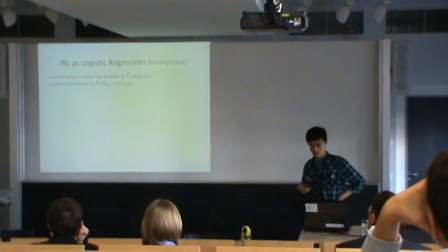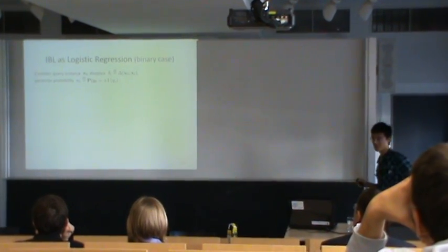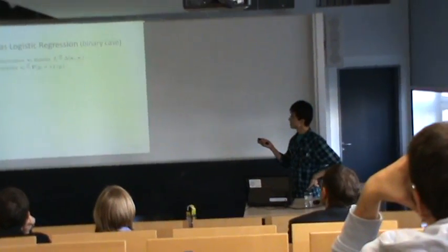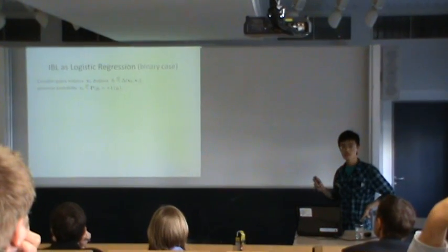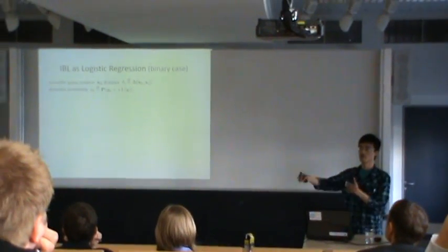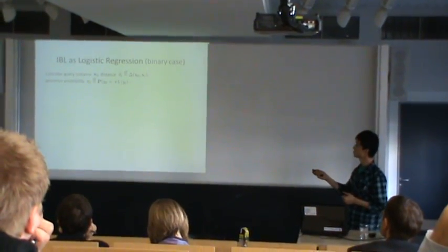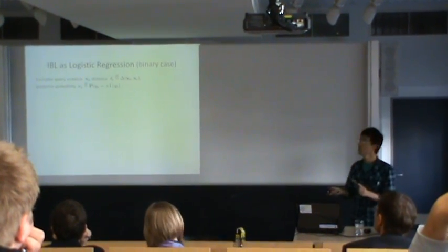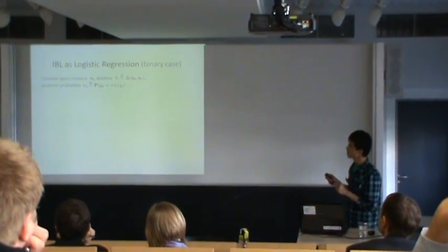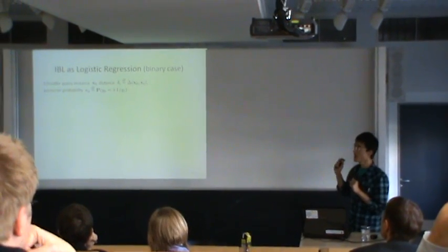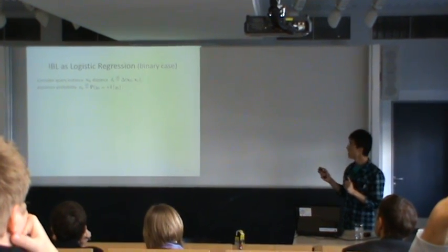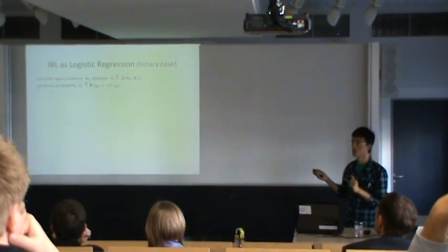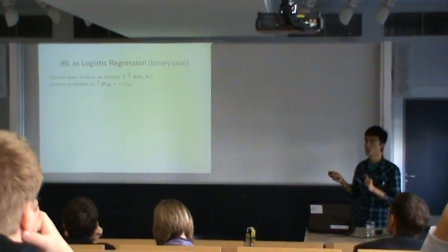And now let's work on the mathematics. Let's consider a test instance, say x0, and let's define a distance between different instances. Here xi is one example from the training data, whose label we know. Then the posterior probability that this test instance has a positive label is given by this: given the label information of the training data, what is the probability that this label is positive.